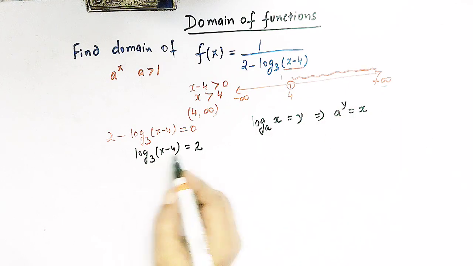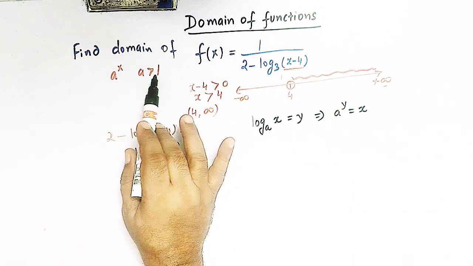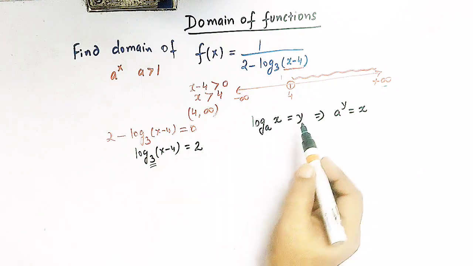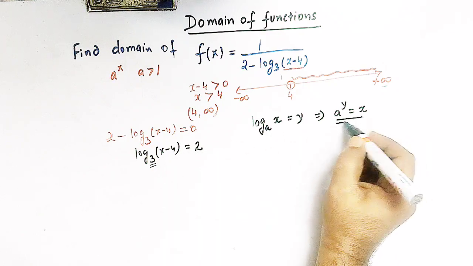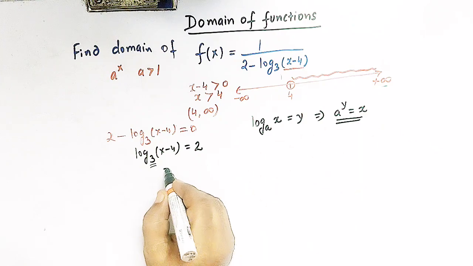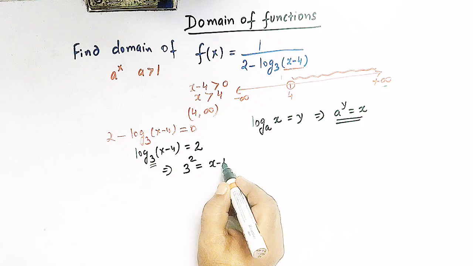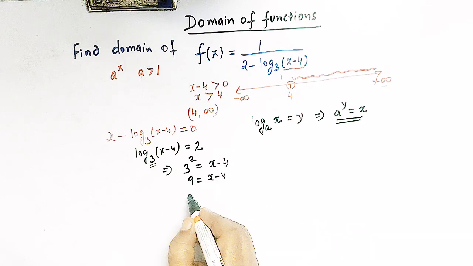Here the value of a is 3, which is greater than 1, for x we have x minus 4, and for y we have 2. So we can write 3 squared is equal to x minus 4, so we have 9 equal to x minus 4.